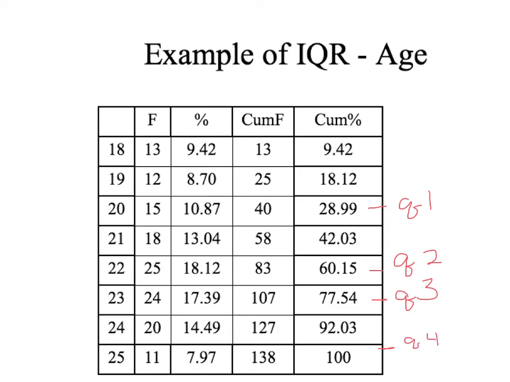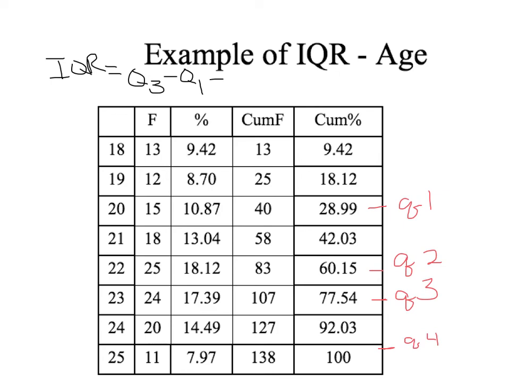Now, to calculate the IQR, we want the middle 50%. So to get the middle 50%, I'm going to write this up at the top, IQR equals Q3 minus Q1. So we're taking the 75th percentile and subtracting the 25th percentile to give us the middle 50%.